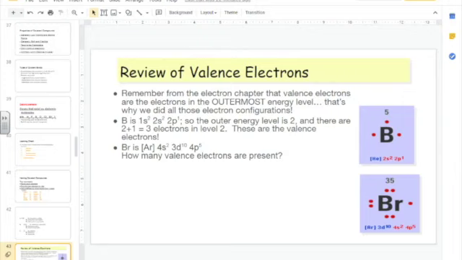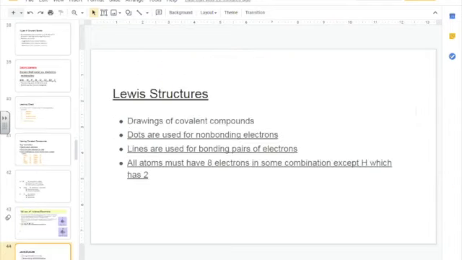Now we'll skip the transition metals, and then you go to the other column with boron, aluminum, and gallium. It would have three. The column with carbon has four. The column with nitrogen has five. Oxygen has six. Fluorine has 7, and then the noble gases have 8. So that's how you find how many valence electrons an element has.